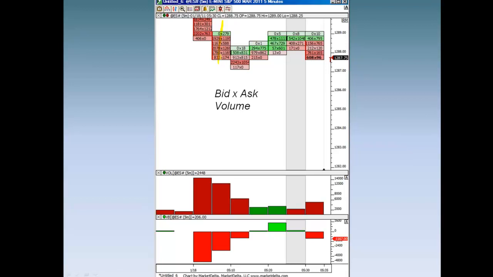And the next question we want to look at is, where was the biggest volume? Was it at the top or at the bottom of the bar or in the middle? And if it is in the middle, then we know that we have two extremes, and we want to sort of see where the middle of the next bar is going to be. Is it going to be above the prior value area for the bar, or is it going to be below it?